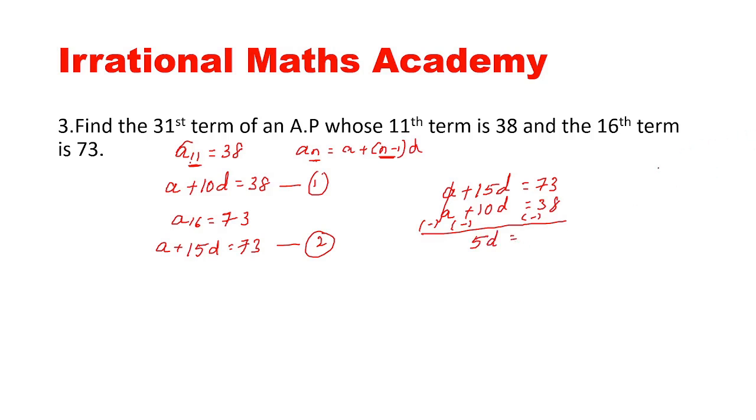So 73 minus 38, it is 35, right? So 5D equals 35. D equals 35 by 5, which is 7. So I got the D value.